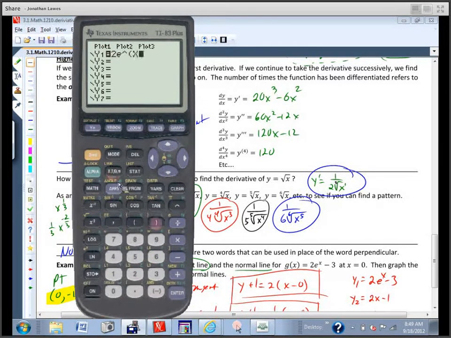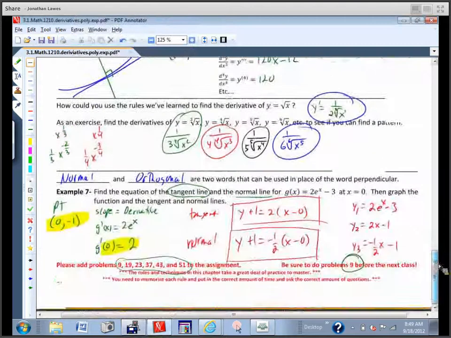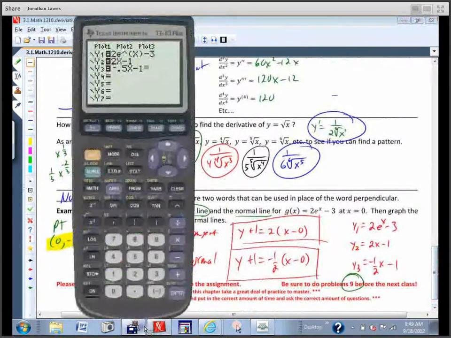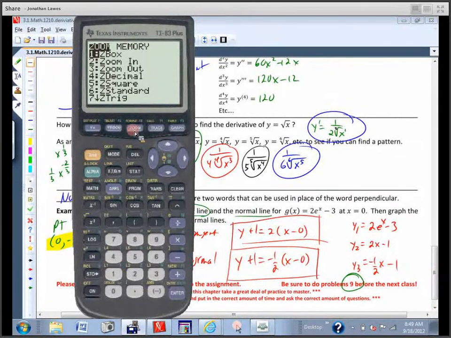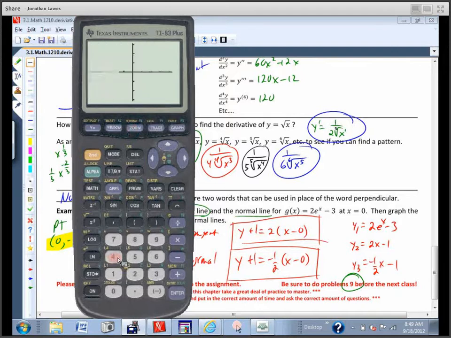So what we should see when we graph this, we should see something about like this. Okay? So let's see what we've got here. 2e to the x minus 3, 2x minus 1, and the other one was negative 1/2 x minus 1.